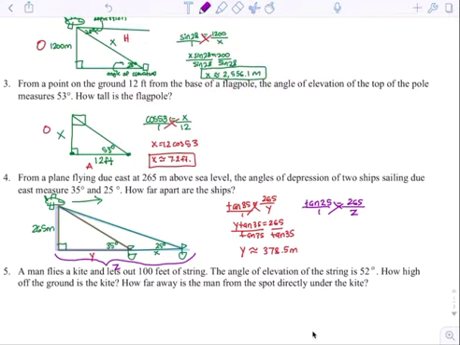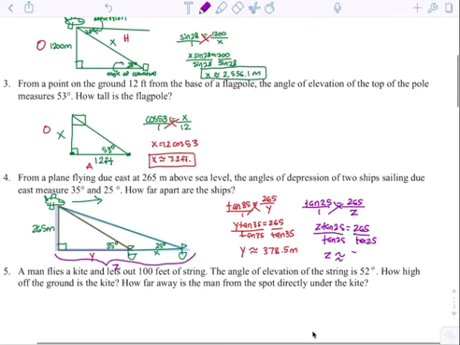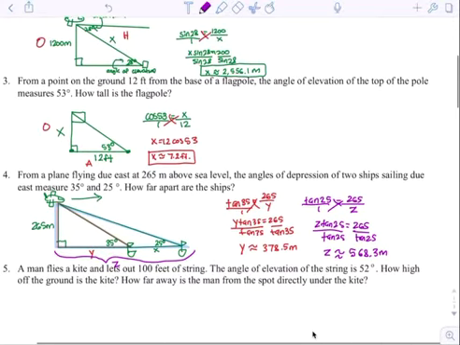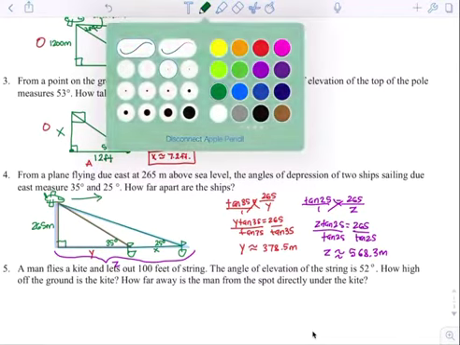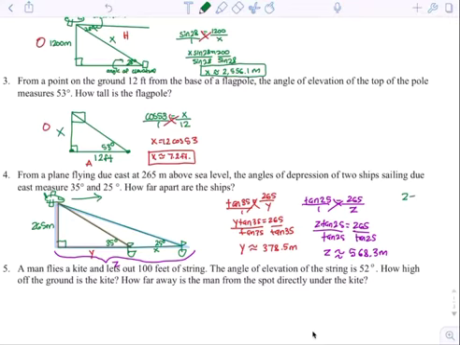And for the purple, we're going to get z tan of 25 is equal to 265, all divided by tan 25, and you guys are going to get z is roughly 265 divided by tan 25, which is 568.3 meters.